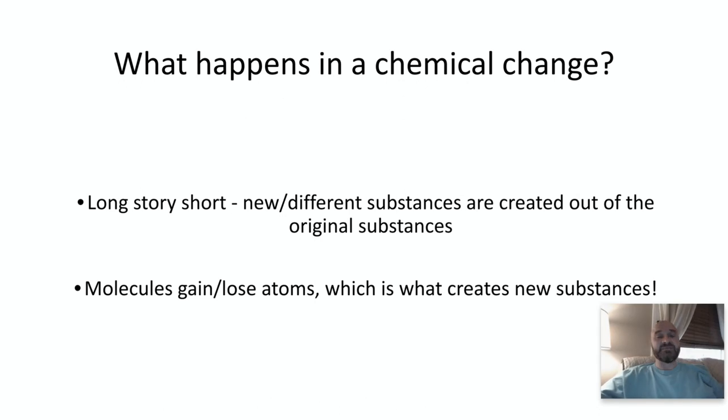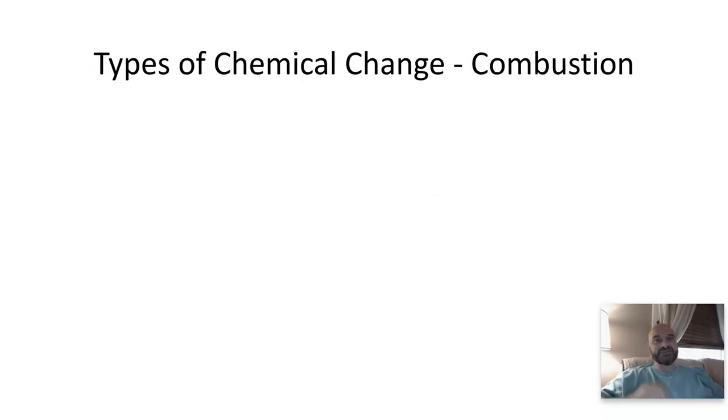Molecules can gain atoms, molecules can lose atoms, but molecules are going to change their formula, and that is what is going to create a new substance. So, physical change, no new substance is created, all the molecules stay the same. It just looks different. A chemical change, molecules get rearranged, atoms get moved around, and that is what is going to create a new and different substance out of the original substance.